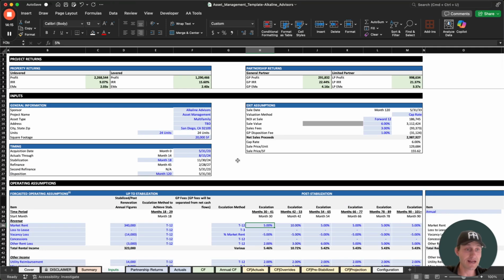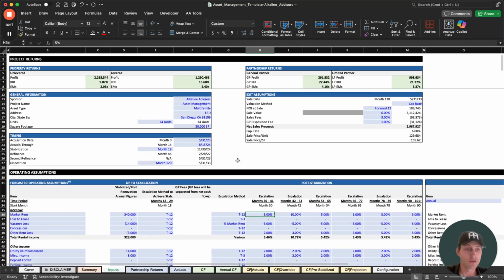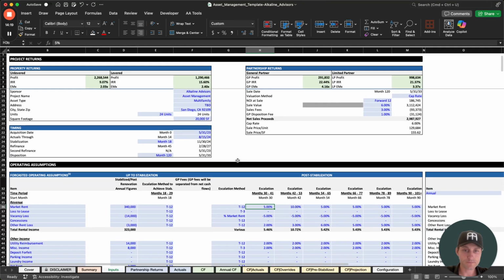But essentially, again, if you were to just zoom out, the way you think about this model is we're tracking the actuals up to the point we have them. If stabilization has not yet occurred, we're then trending the actuals that we have through the point of stabilization by straight lining those figures. And then once we are at stabilization, we're trending those stabilized figures throughout the duration of the hold period. And that's what we do over here.